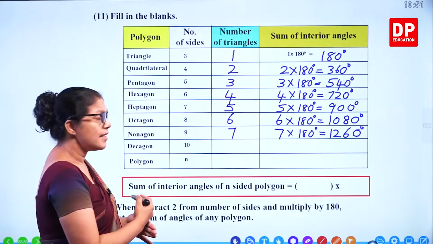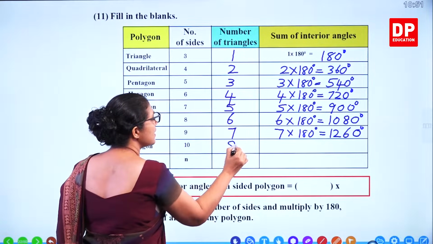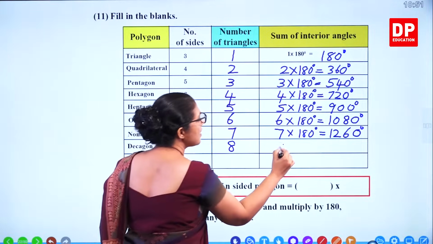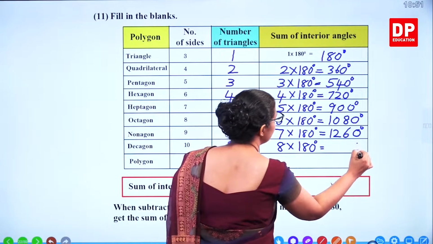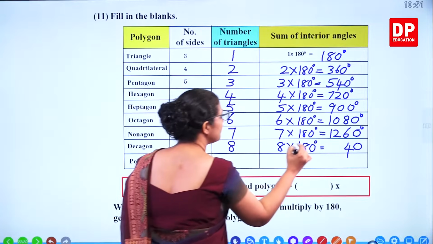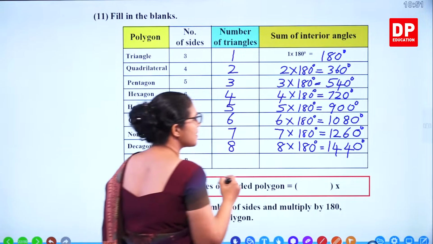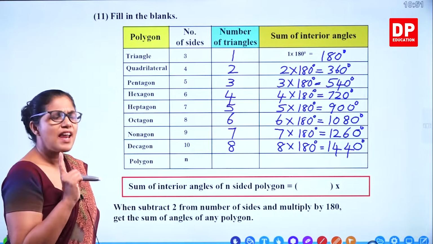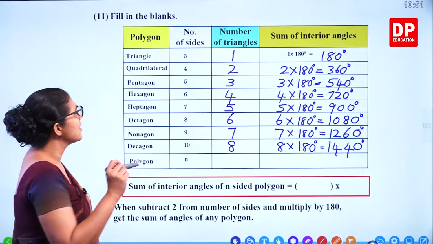Decagon, a 10-sided polygon. So how many triangles can you get? 8. 8 times 180, 1440 degrees. If this is an n-sided polygon, how many triangles can you create?